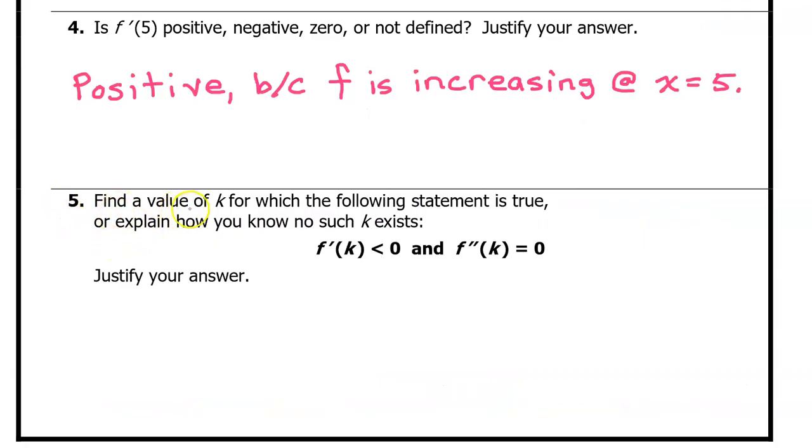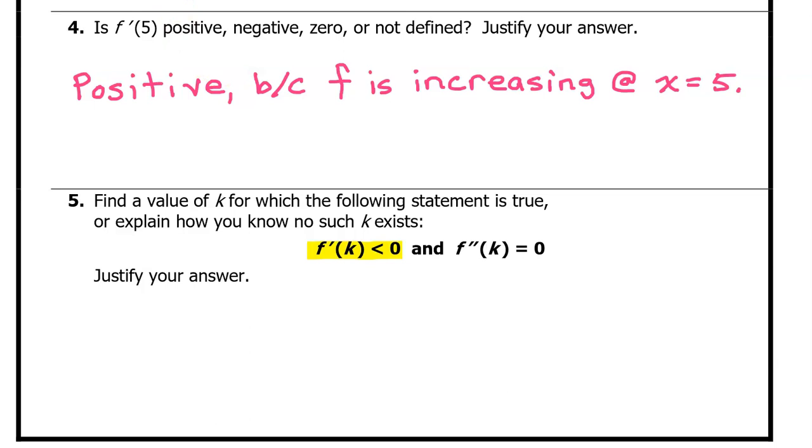Number 5, find a value of k for which the following statement is true, or explain how you know that no such k exists. For problems like this, I like to start with my justification and then look for the value of k that fits the justification. So the first part says f prime is less than 0. In other words, f prime is negative.